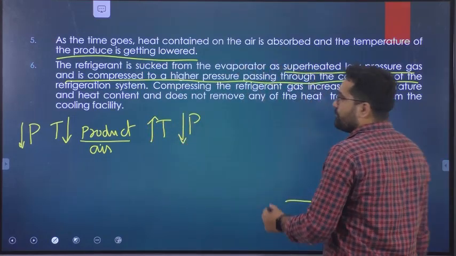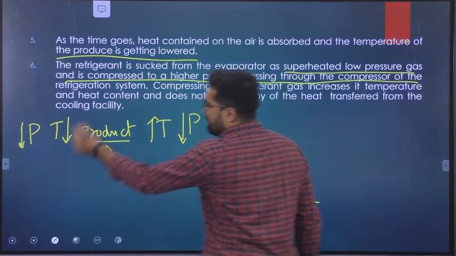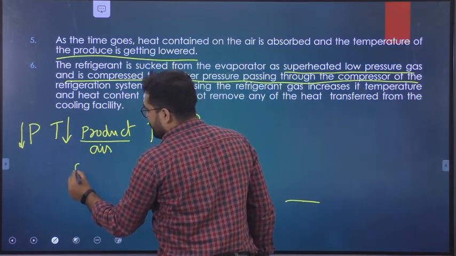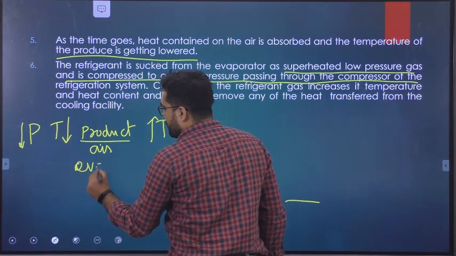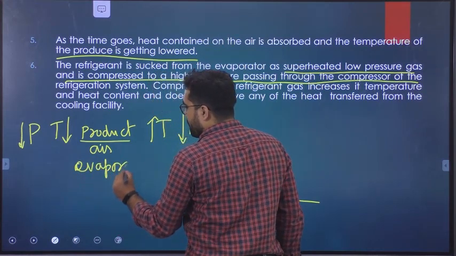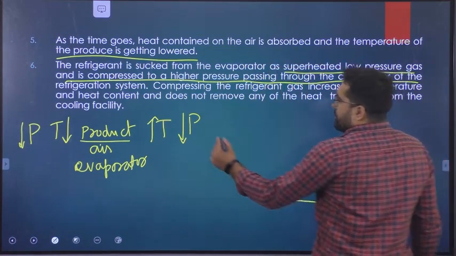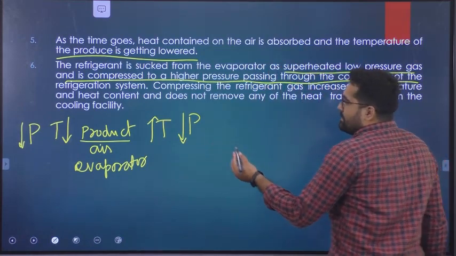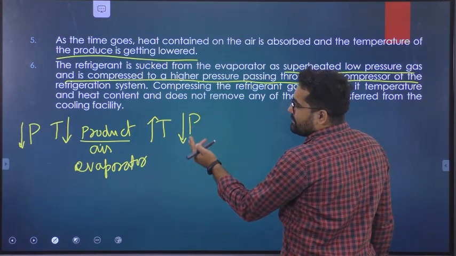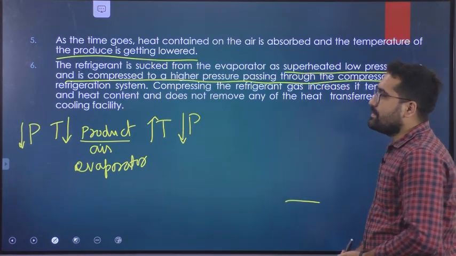Now with the help of this thing that occurs in the evaporator, our air travels to the compressor so that we can increase the pressure.